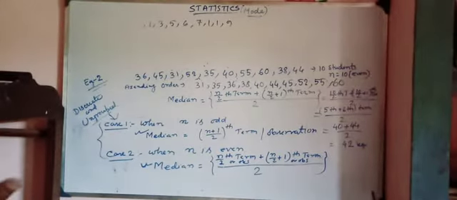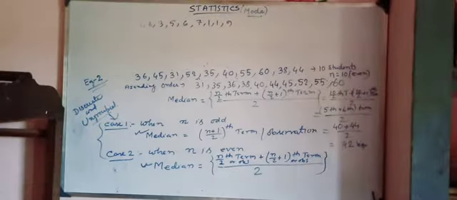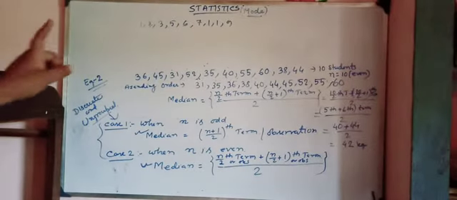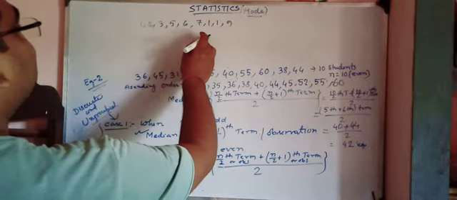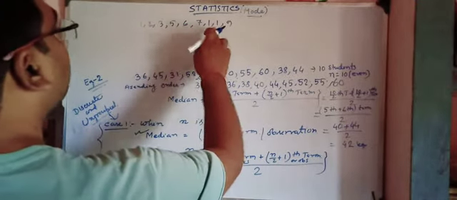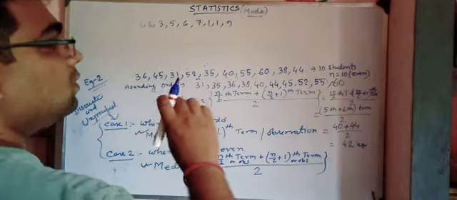This is ungrouped data, not grouped data. No class interval should be created over here. So to find the mode, we have to count which observation occurs the most times.